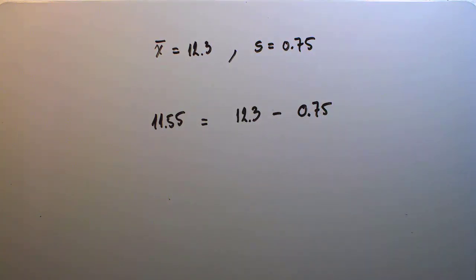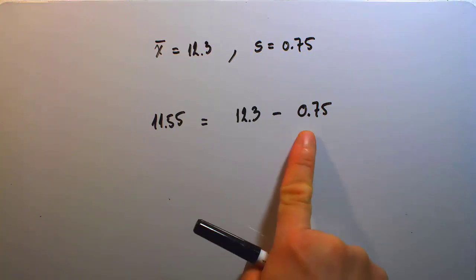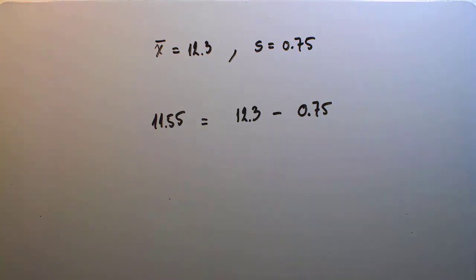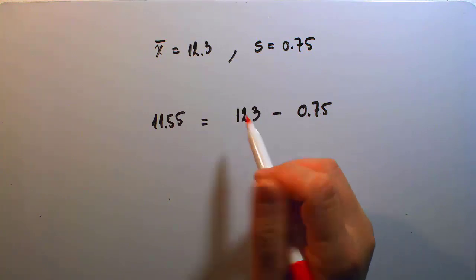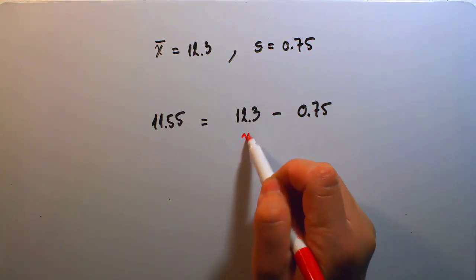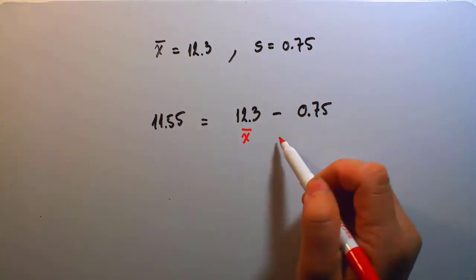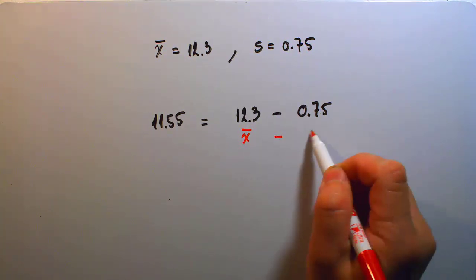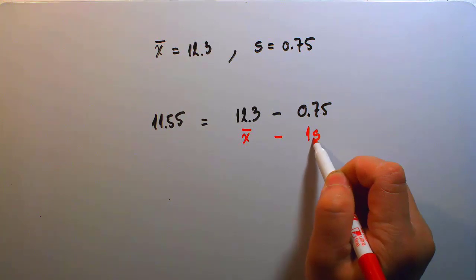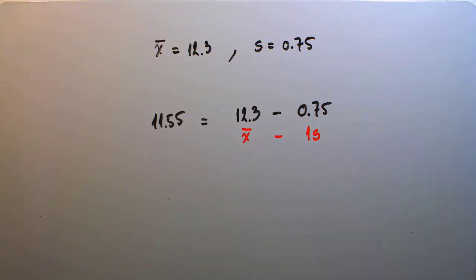I carefully said subtract 1 time of the 0.75, even though traditionally we don't need to write down 1 times 0.75. Once again, this is the mean of the data, and this low end value is simply obtained by subtracting 1 standard deviation from the mean.